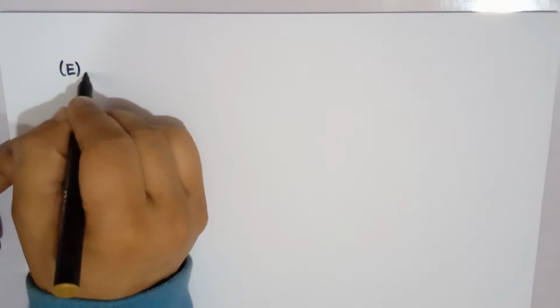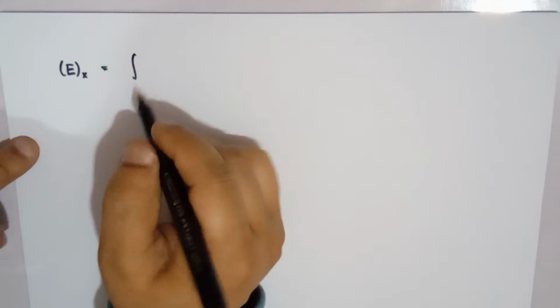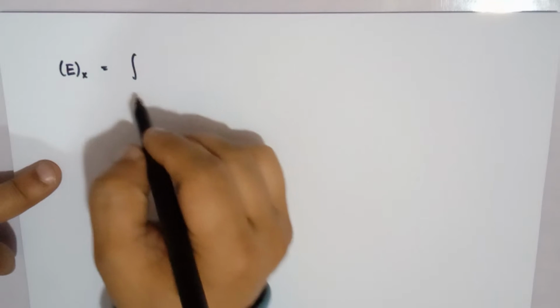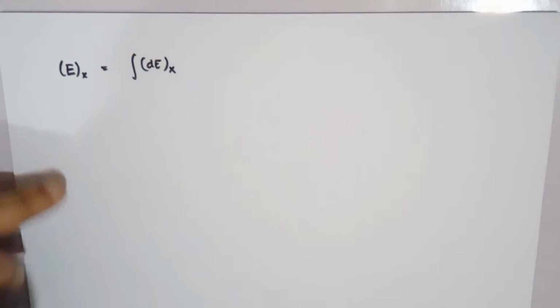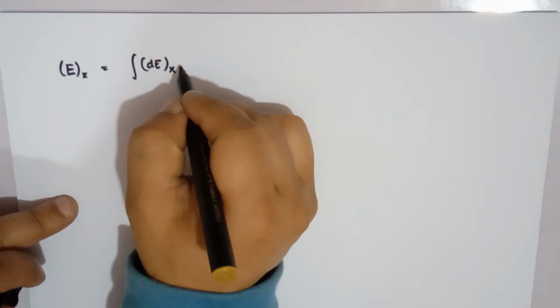So the total electric field intensity along the x-axis, E along x, we have to integrate dE along the x-axis, and of course along the y-axis also.